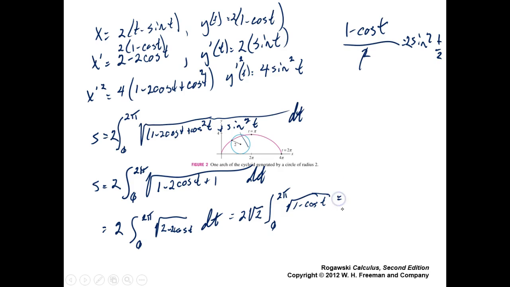So this would then be another 2, because of that one going over there. So this gives you 4 times the square root of 2 times the integral from 0 to 2 pi of sine squared t over 2. I've been leaving off my t's, but they've always been in there.